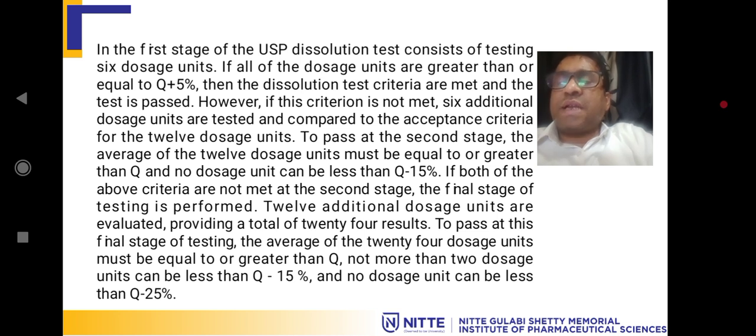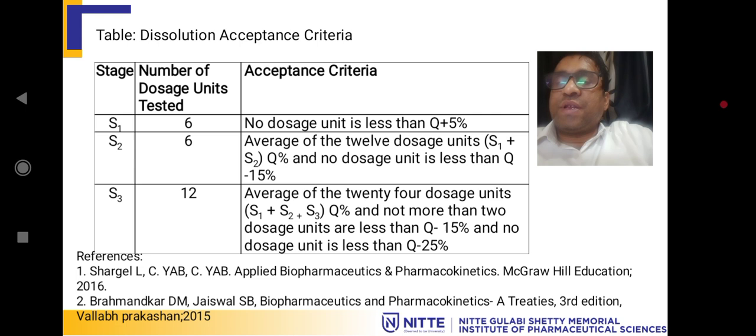To pass the second stage, the average of 12 dosage units must be equal to or greater than Q, and no dosage unit can be less than Q minus 15. Then 12 additional dosage units are evaluated, providing a total of 24 results. To pass the final stage of testing, the average of 24 dosage units must be greater than or equal to Q, and not more than 2 dosage units should be less than Q minus 15.